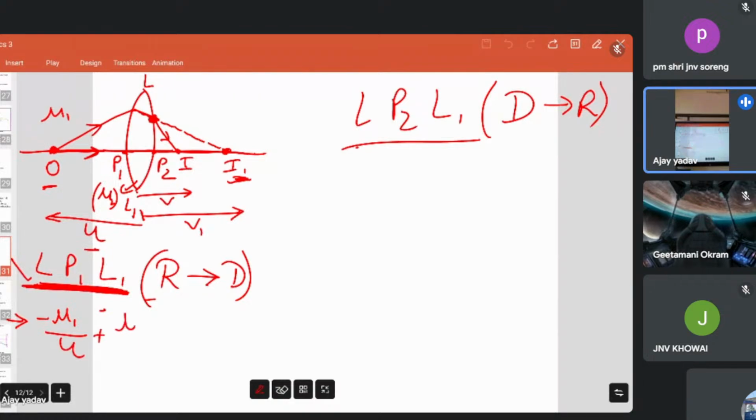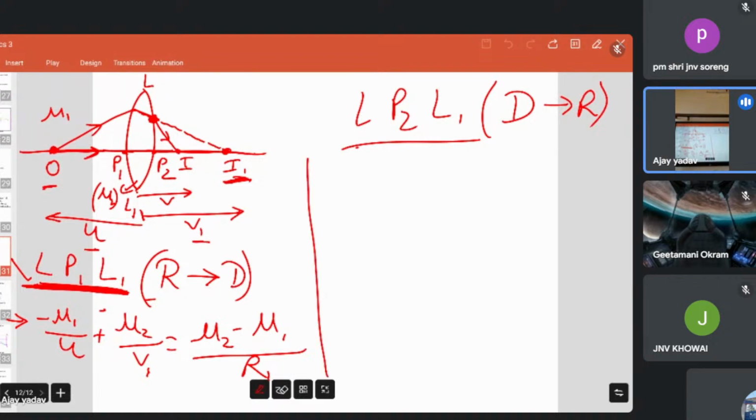For the first surface the image is I1 and this distance is denoted by V1. It is equal to mu2 minus mu1 upon r1, the radius of curvature of the first surface.